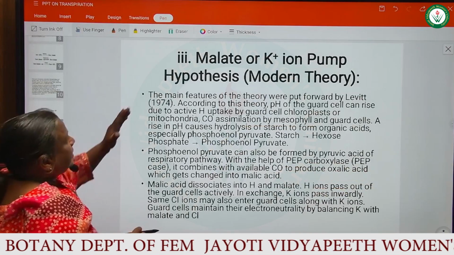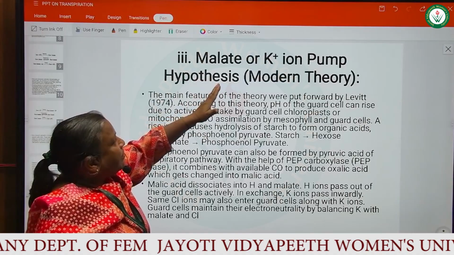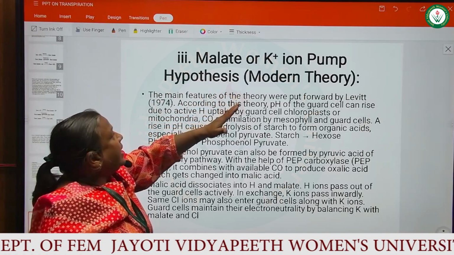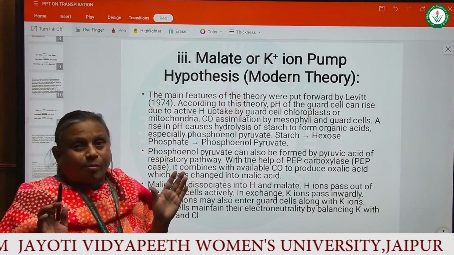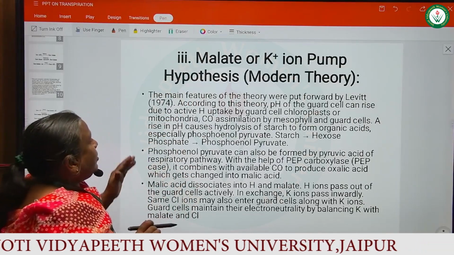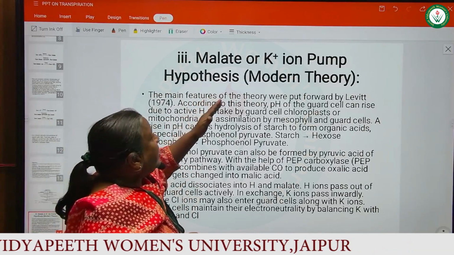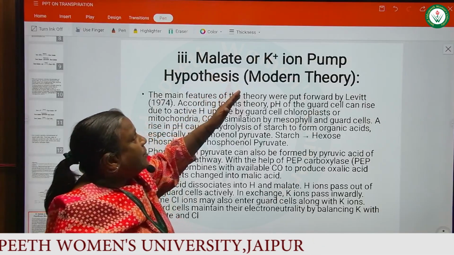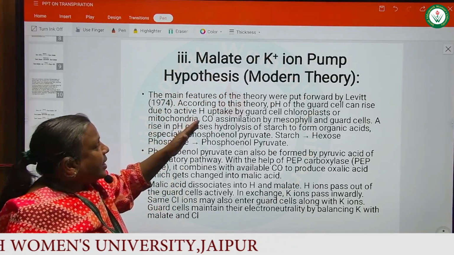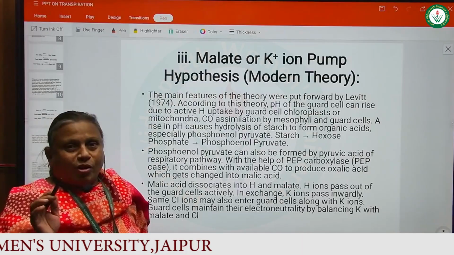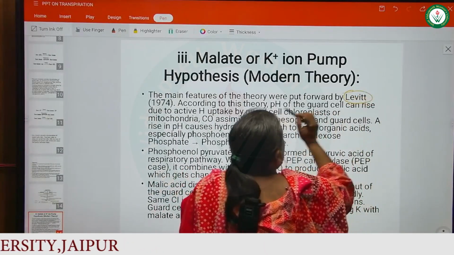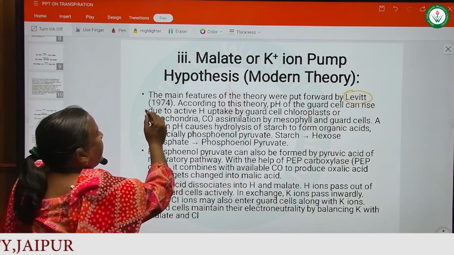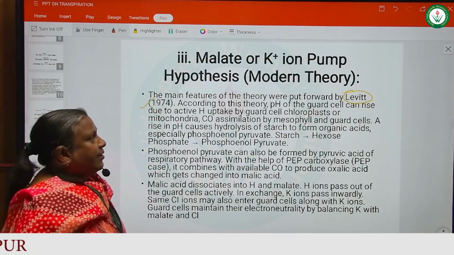Now, the next theory is the malate or potassium ion pump hypothesis. This is the modern theory, and the main features of the malate or potassium ion pump hypothesis were put forward by Leavitt, which means this theory was proposed by Leavitt in 1974.